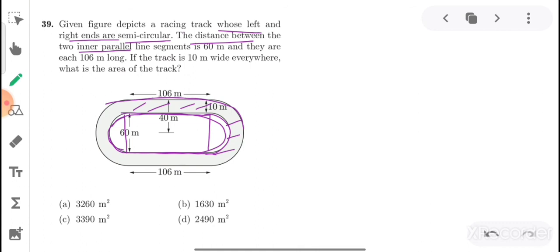Then at first, area of the inner region, that will be, this is 40 and this is given, what is given, this is 60 meter, I think, line segment.